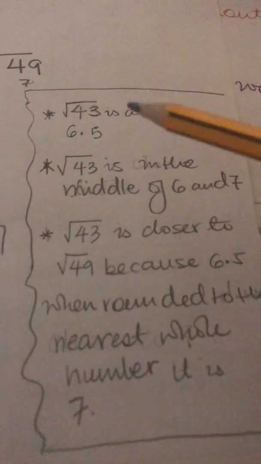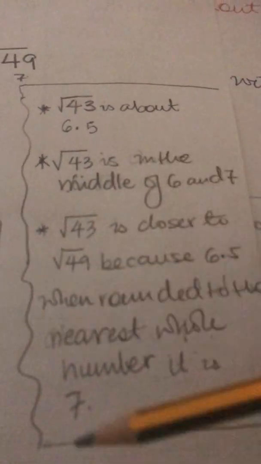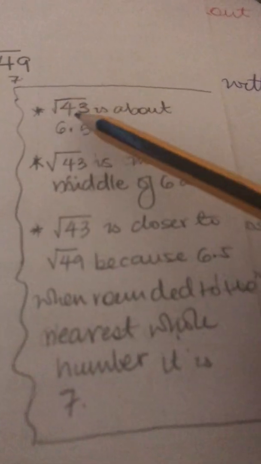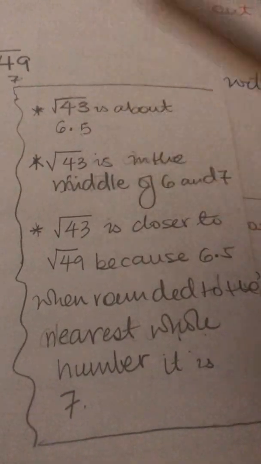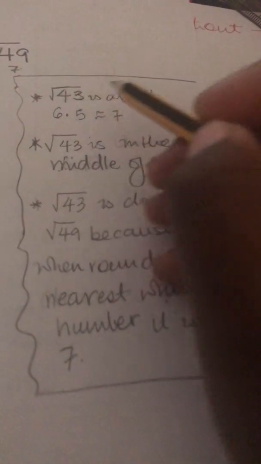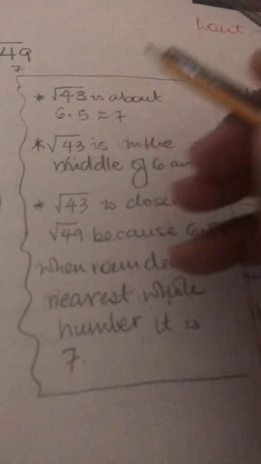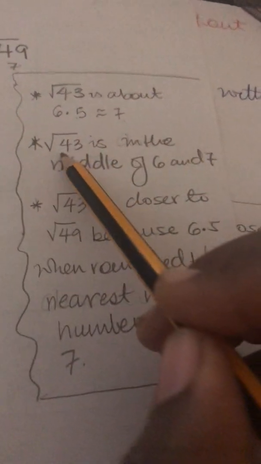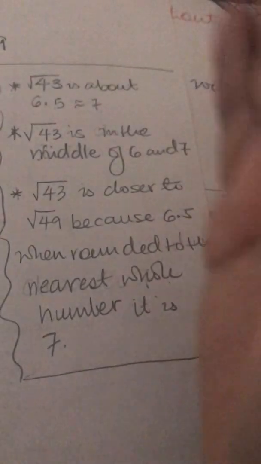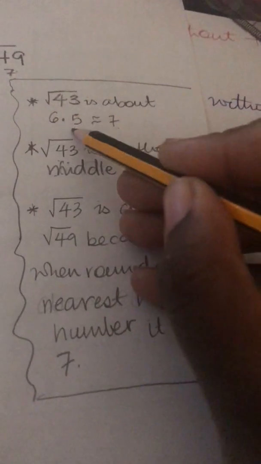And then this will help you think. The reason why I write these statements here is to help you think. The square root of 43 is about 6.5, which is also about 7. So the square root of 43 is almost 7. The square root of 43 is in the middle because 6.5 is the middle of a number, 0.5.